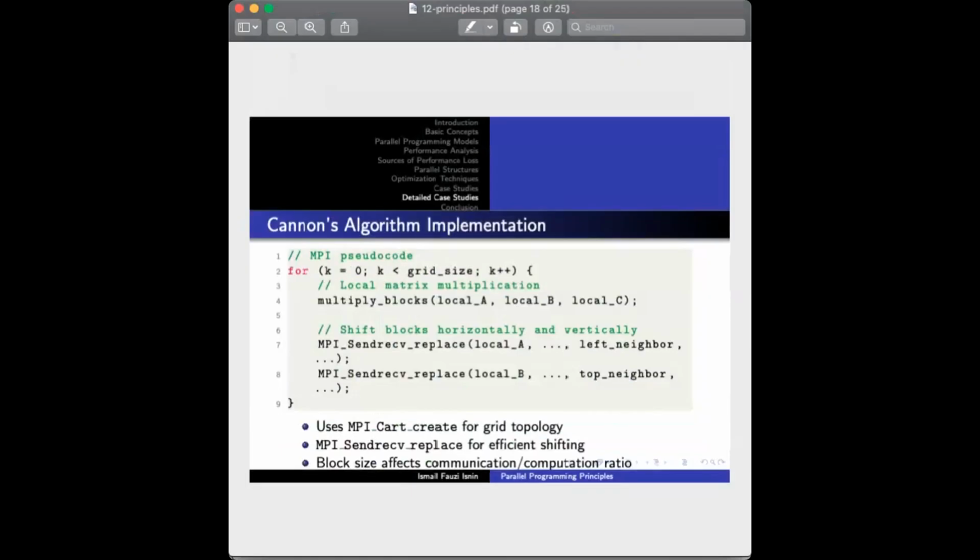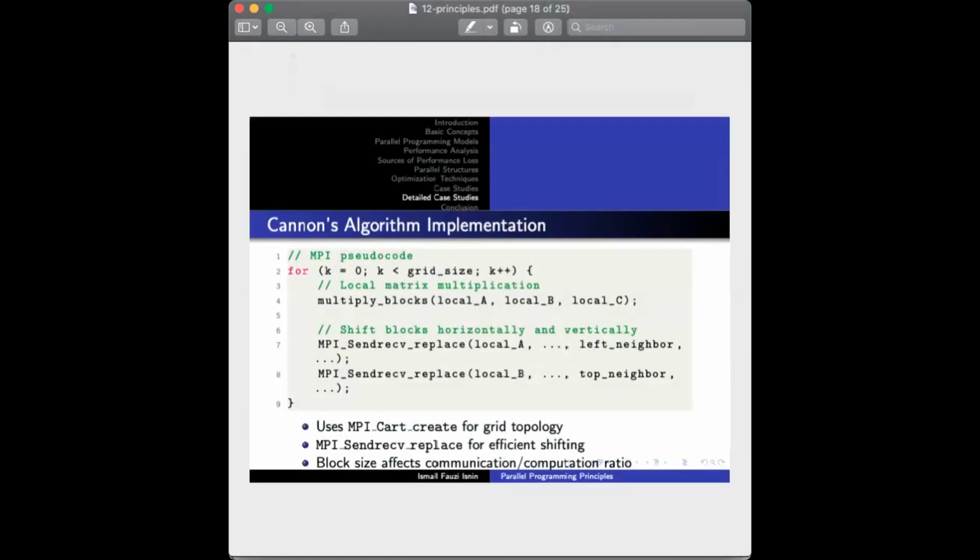The primary execution loop runs from 0 up to the grid size. On line 4, we perform a completely localized submatrix multiplication through multiply blocks, updating our local C buffer.